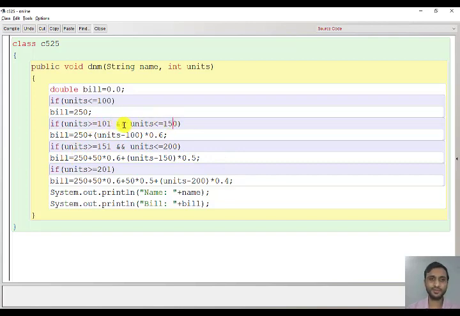Don't have to check the second one because it is AND. In AND, the whole thing will become true only if both of them become true. Then 35 greater than equal to 151, false. 35 greater than equal to 201, false. So only the first if is going to be true. So it will print the name and the bill, that is 250.